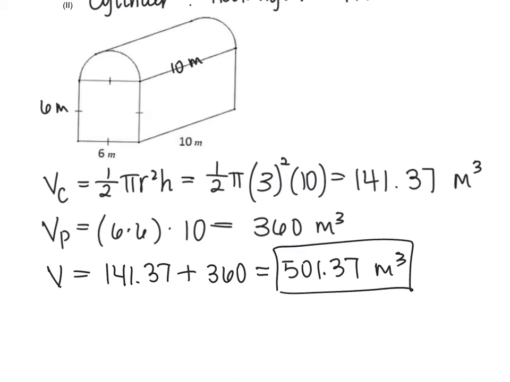Now we want to work on the surface area. And I'm going to start with the surface area of the cylinder. Okay, so this is where the surface area of the cylinder gets a little bit tricky. So typically we do 2 pi r squared for the surface area of both of our circular bases, and then 2 pi r h, which represents that rectangular in the middle.